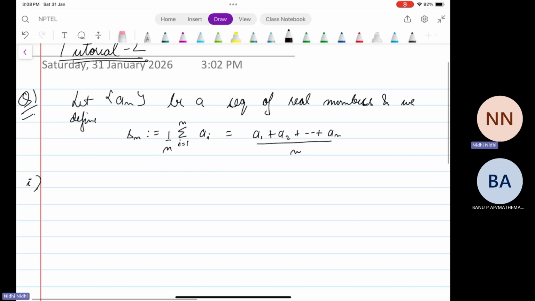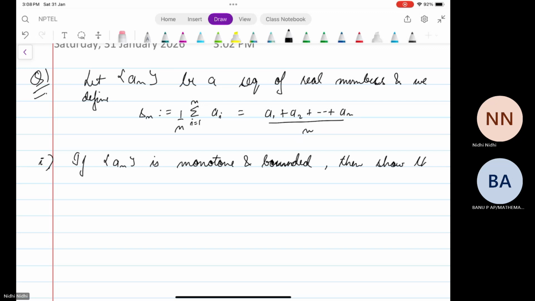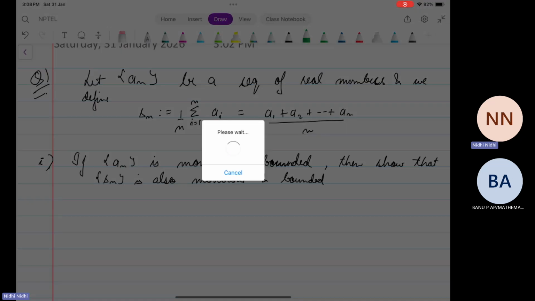The first part says that if an is monotone and bounded, then show that the sequence Sn is also monotone and bounded. This part we had already done in the previous clip.